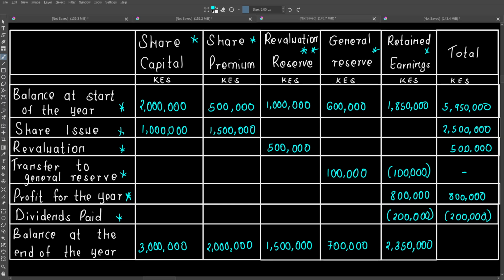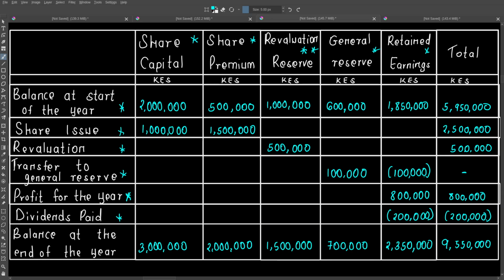So we add 700,000 and we add 1,500,000, and then we add 5 million. It is going to give us 9,550,000. Okay, so basically that is how we prepare the statement of changes in equity.